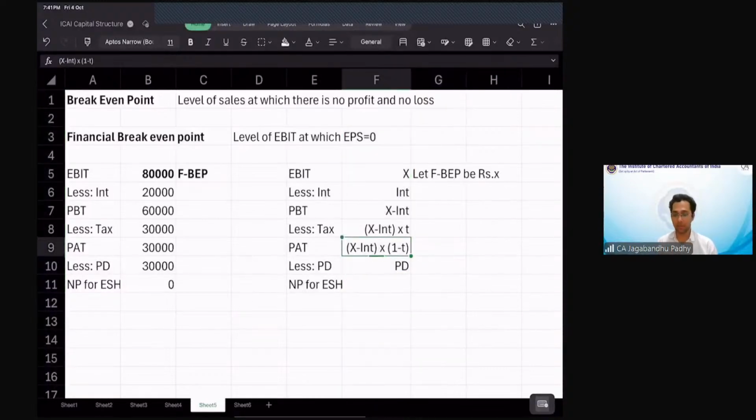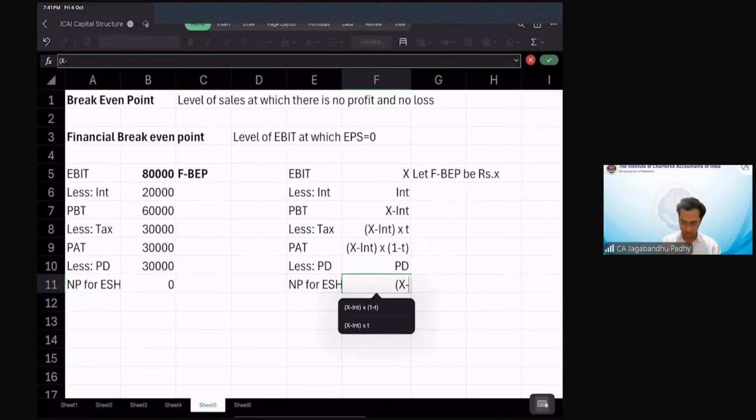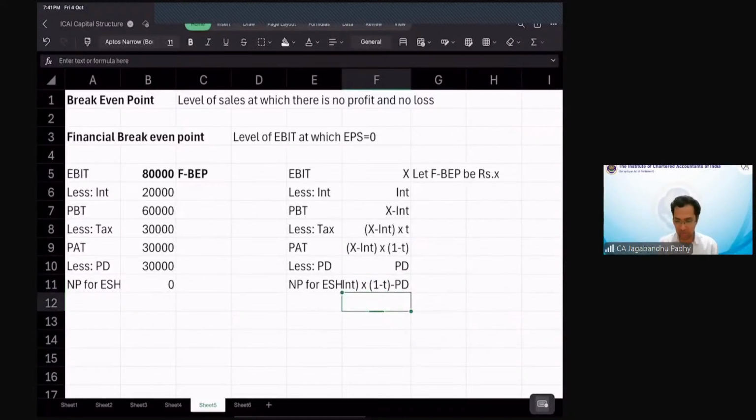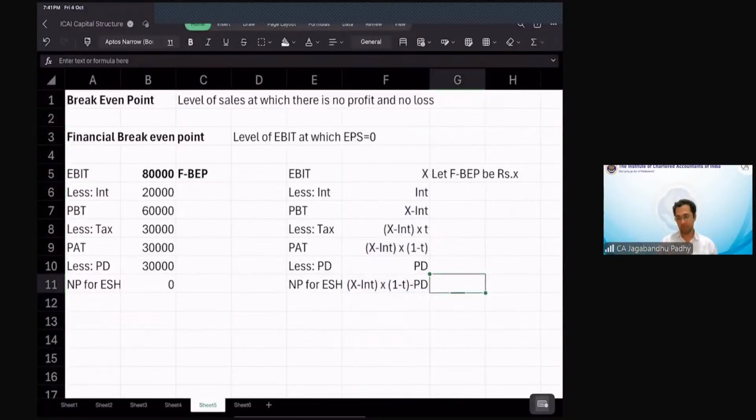Correct? Because X minus interest minus (X minus interest) into T, your X minus interest goes common outside, and then you have X minus interest into 1 minus T. So now we have preference dividend. The net profit for equity shareholders will be X minus interest multiplied by 1 minus T, minus preference dividend.